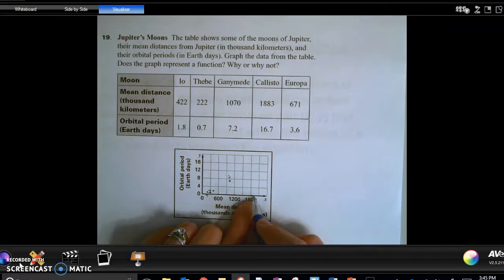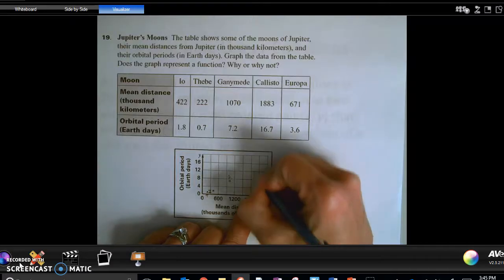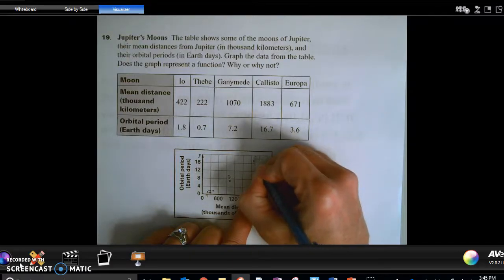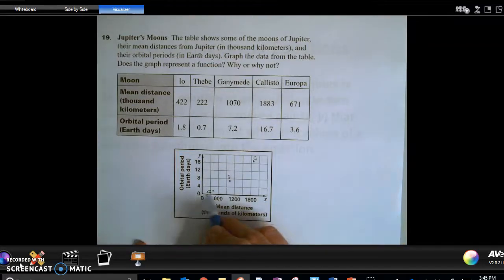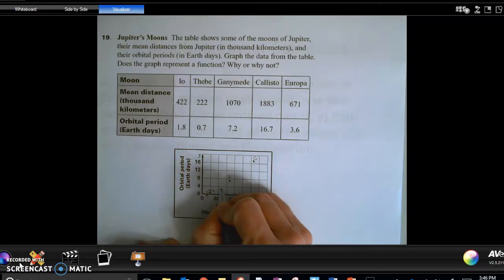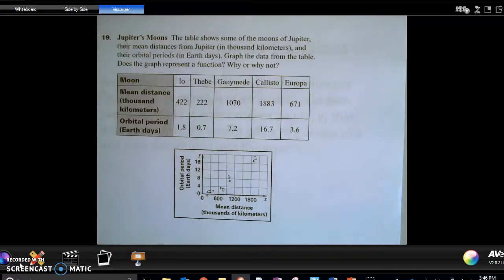And I'm going to go up 16 and 7/10. And I'll label this with a C. And for my final moon, I'm going to go over 671 and up 3.6. And label that with the E.